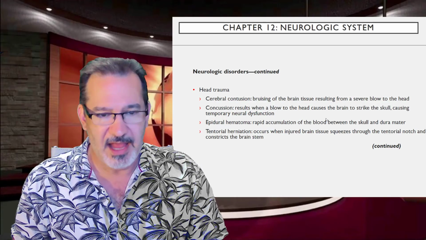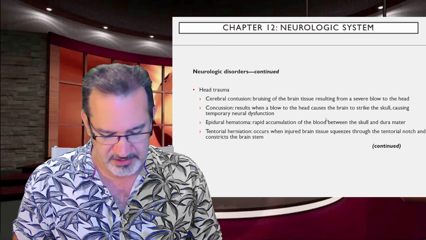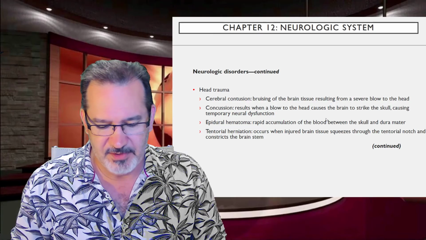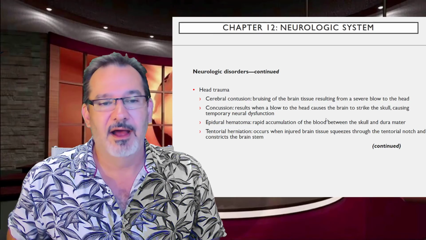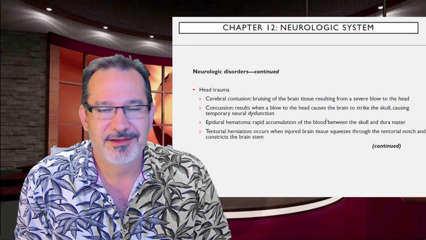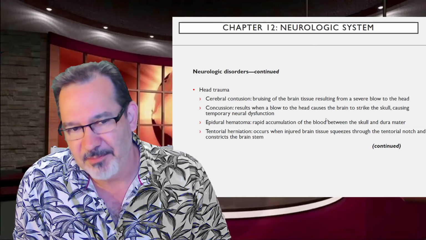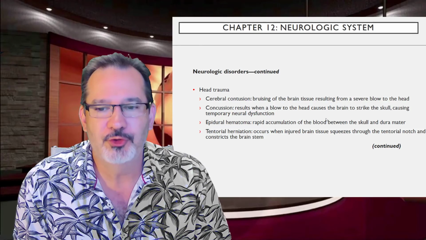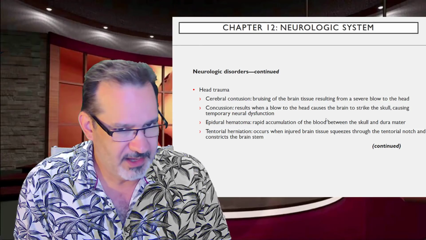Okay. Head trauma. So trauma, obviously, very important to try to protect your head. This is why we wear helmets when we ride a motorcycle or ride bikes. Cerebral contusions, bruising of the brain tissue after a severe blow to the head.